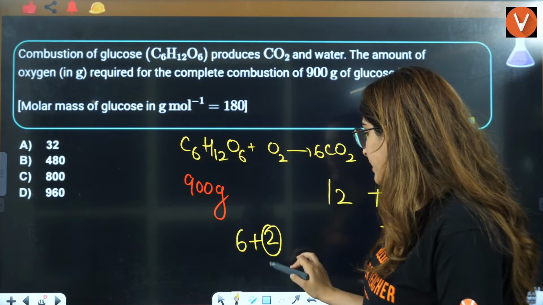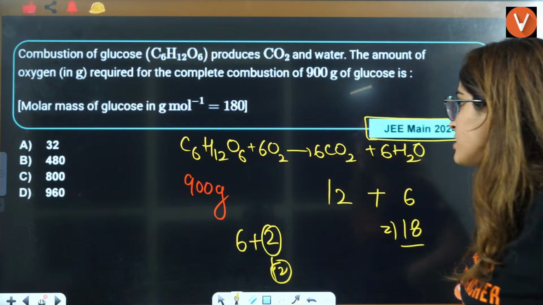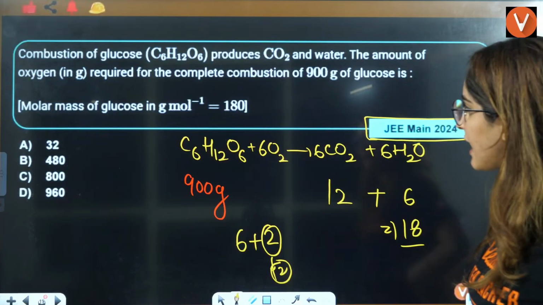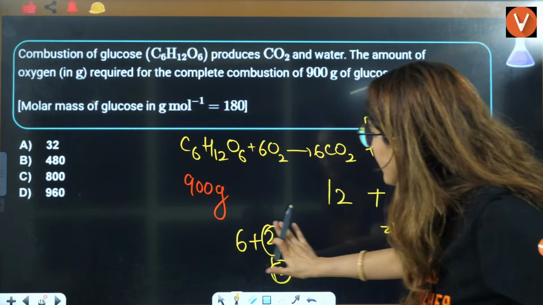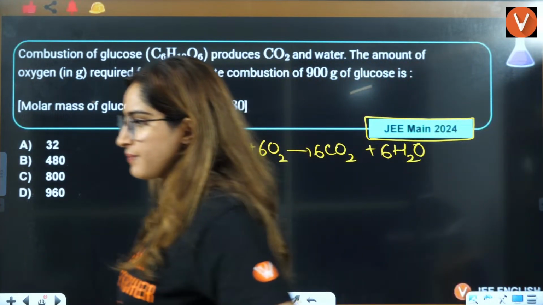If you multiply this also by 6, you get 12 plus 6, that is 18. Now the equation is balanced, right?